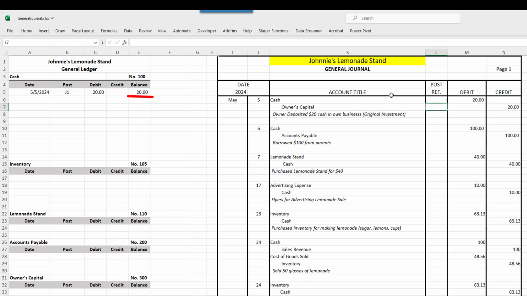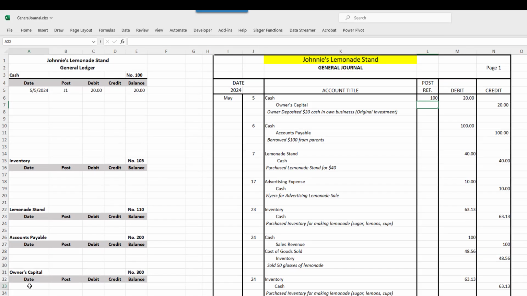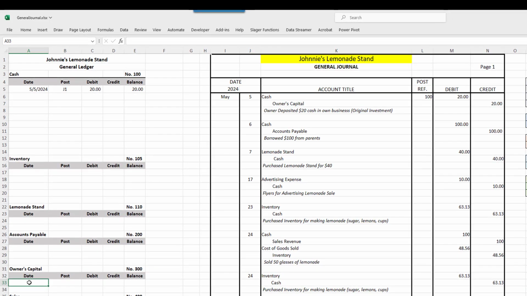In the general journal, I will enter 100 in the post-ref column. I entered 100 because this is the account number we associated with cash, which you should have entered in the upper right corner of the general ledger account. The second part of the transaction needs to be posted to the owner's capital account.